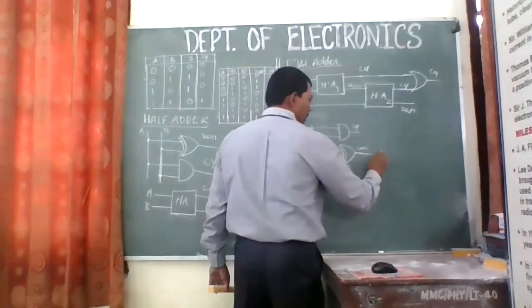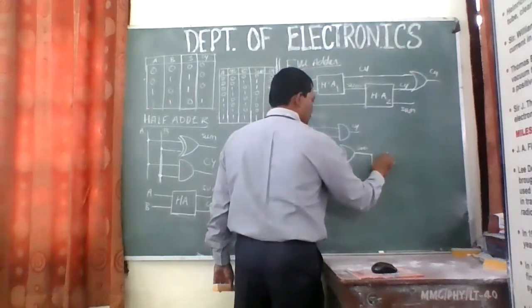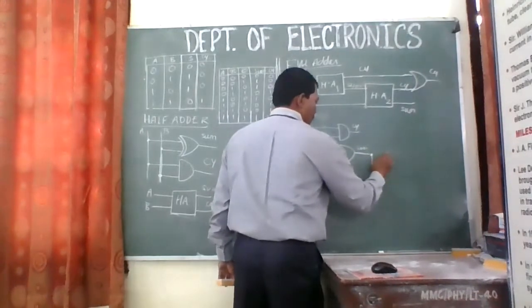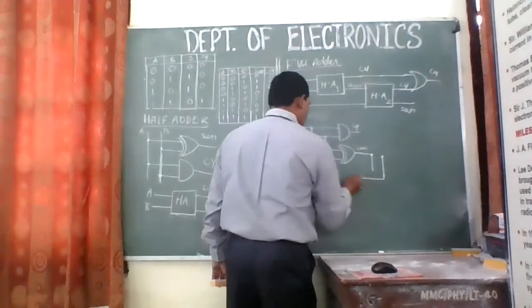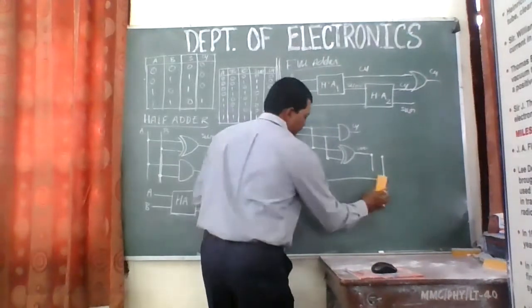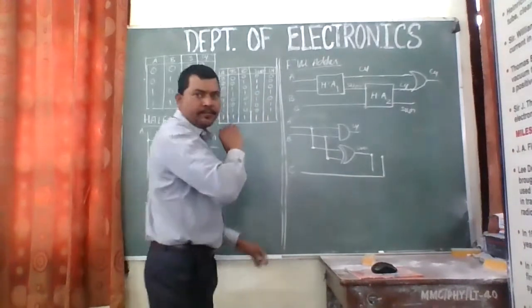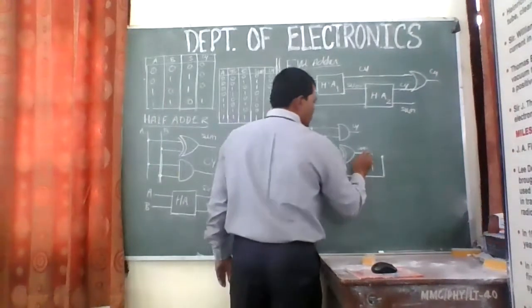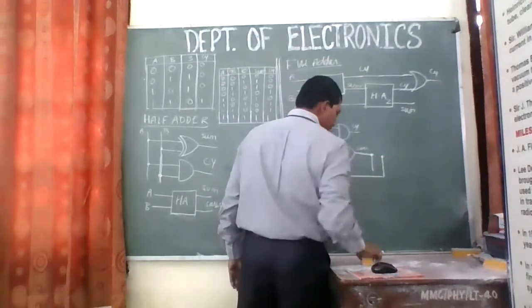So I'll be using this sum again to the next half adder circuit like this. So we'll be having two terminals. Second terminal I will be taking here as a C. So this is C, right? And this is, we are using it as the another terminal.